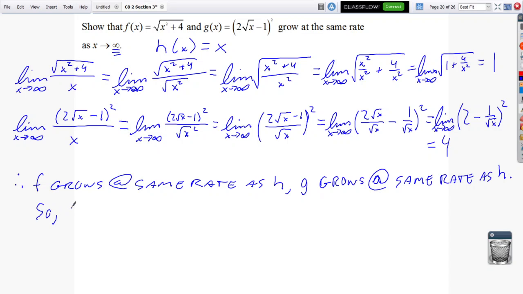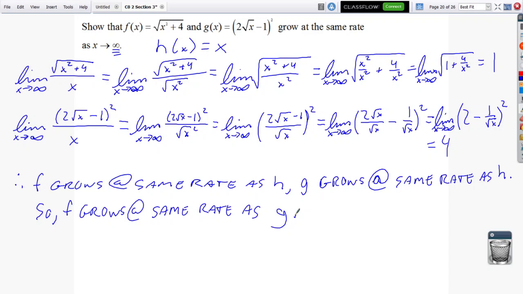So f grows at the same rate as g, which is what I was trying to prove.